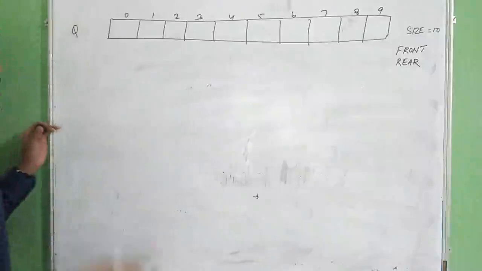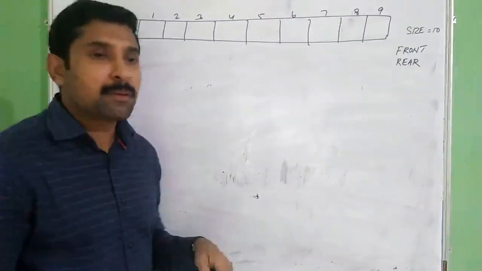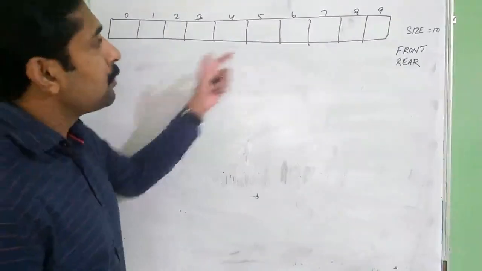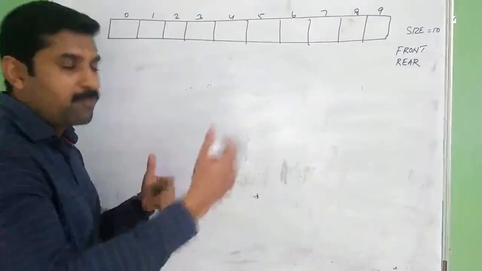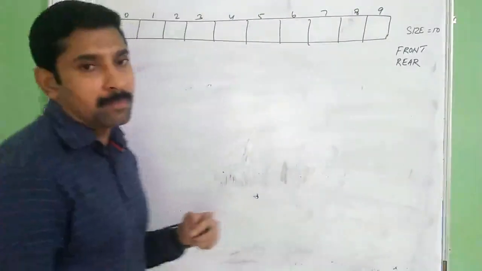Now if you are performing an insertion operation, or we are going to add an item into the queue, there is a chance either the queue will be completely empty, or the queue is half filled, or the queue is full.